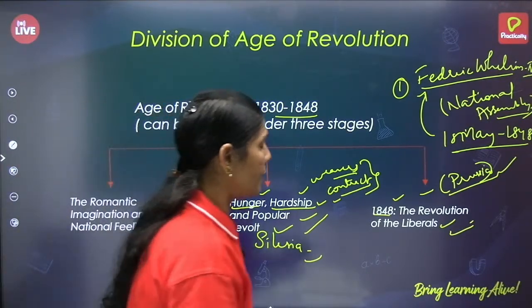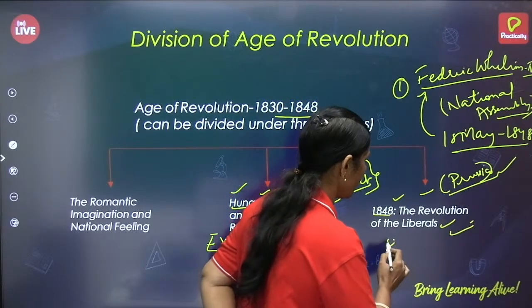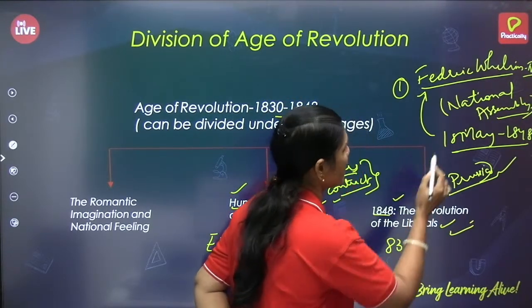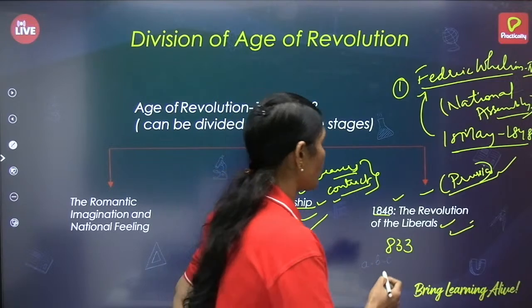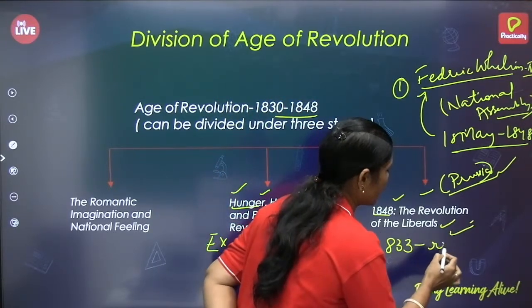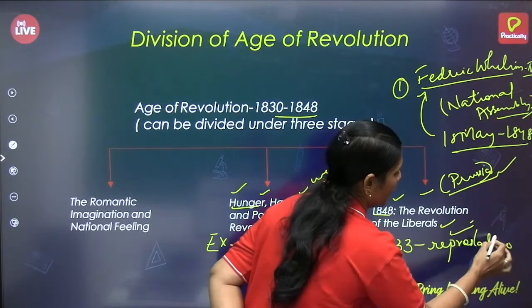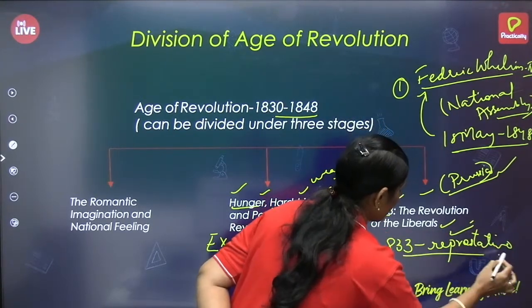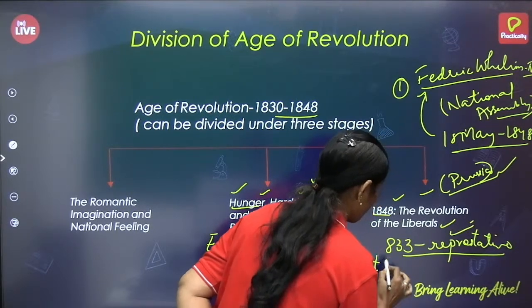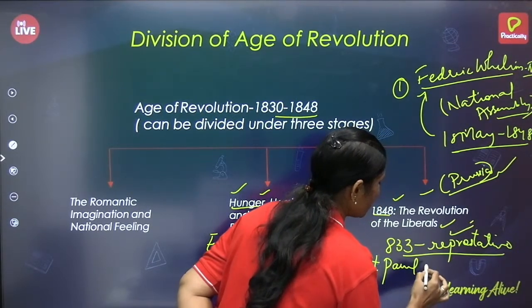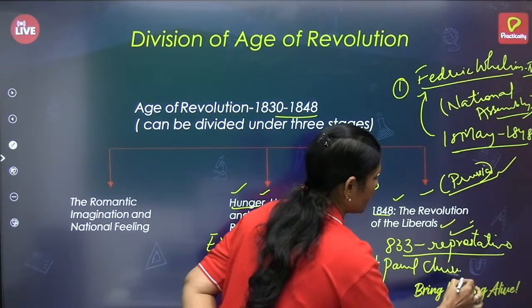So here one more point to be noted, this National Assembly which was formed was of 833 representatives gathered at a place called St. Paul Church. It's in Prussia.